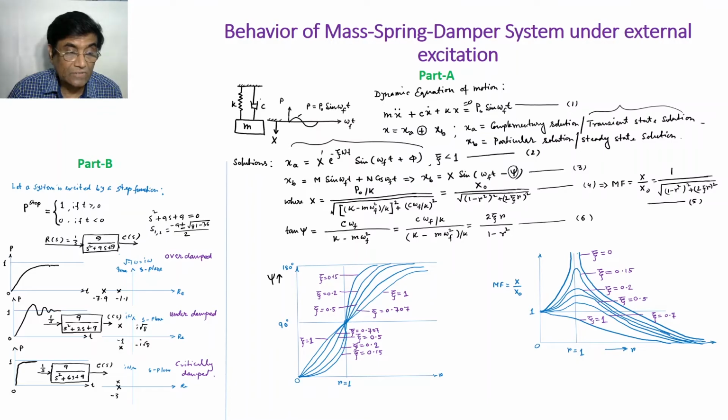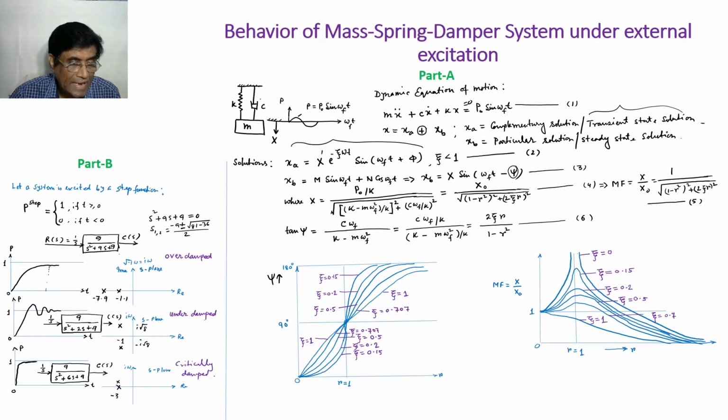This portion is called the transient state, and this time is called settling time. Overdamped means that after a considerable settling time, it will asymptotically reach towards 1.